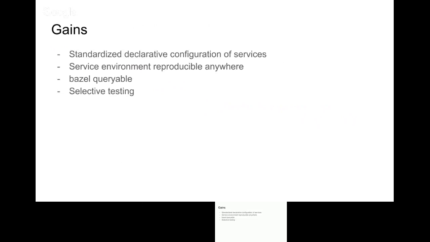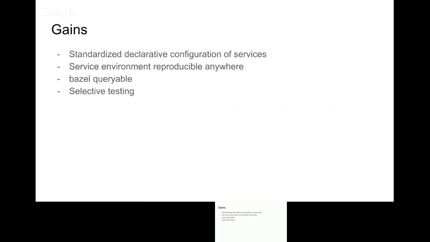So what have we gained from all this? Well, we now have a standardized declarative configuration of all of our tests, and it's encoded in Skylark. And the great thing about Skylark is that it doesn't let you do anything. So it's not like Puppet where people can execute random shell commands. And so now our service environment is reproducible anywhere because you can just run Bazel to set it up.